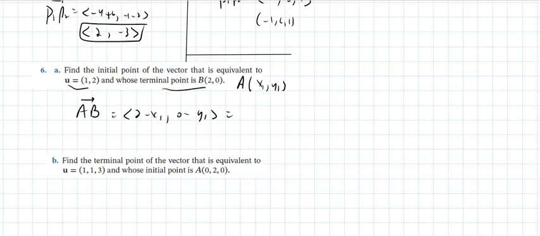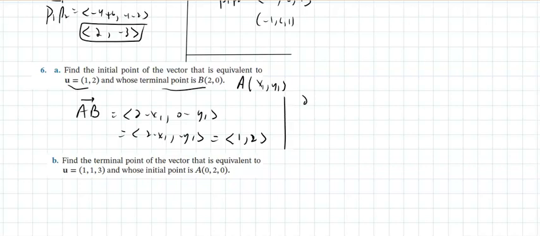So that's pretty much 2 minus x1, negative y1, right? And you want it to be equivalent, identical to u. So you're really trying to set that equal to 1, 2. You want it to move 1 unit to the right, 2 units up, or 1 unit east, 2 units north.